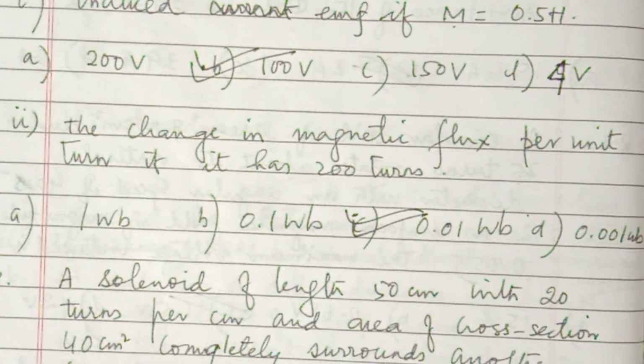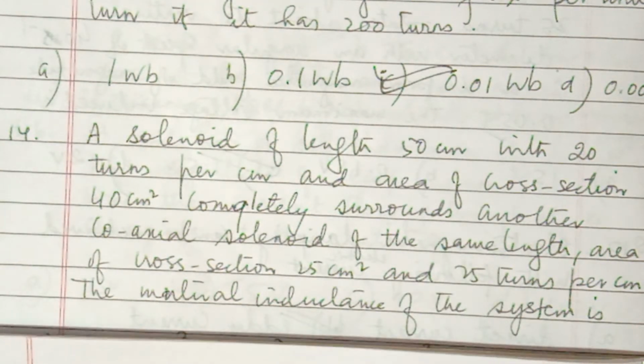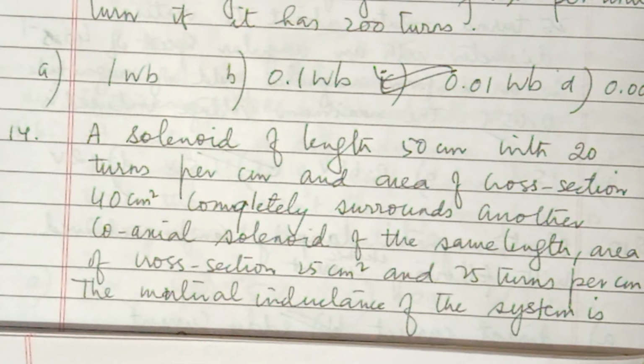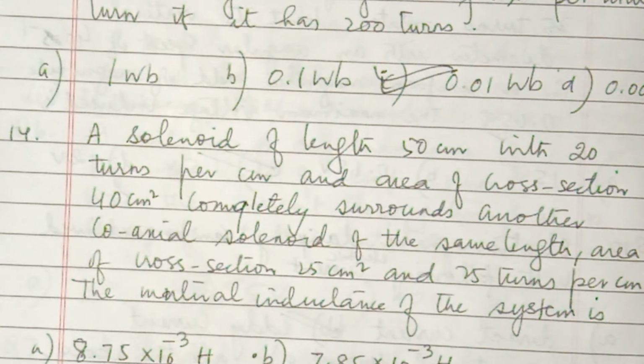Okay, next we'll go to question 14. A solenoid of length 50 centimeter with 20 turns per centimeter and area of cross section 40 centimeter square completely surrounds another coaxial solenoid of the same length, area of cross section 25 centimeter square and 25 turns per centimeter. The mutual inductance of the system is?